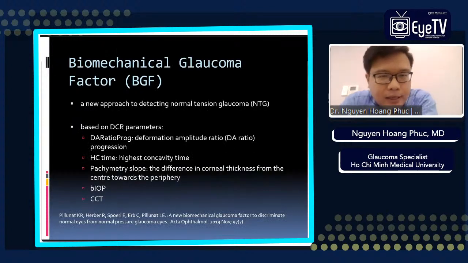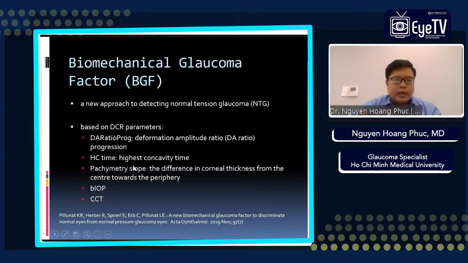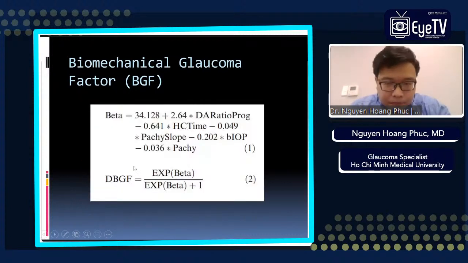The final parameter is the biomechanical glaucoma factor. This is a new approach to detecting normal tension glaucoma. The machine is based on five parameters: DA ratio, highest concavity time, bathymetry slope, bIOP and CCT. And this is the formula of the BGF.